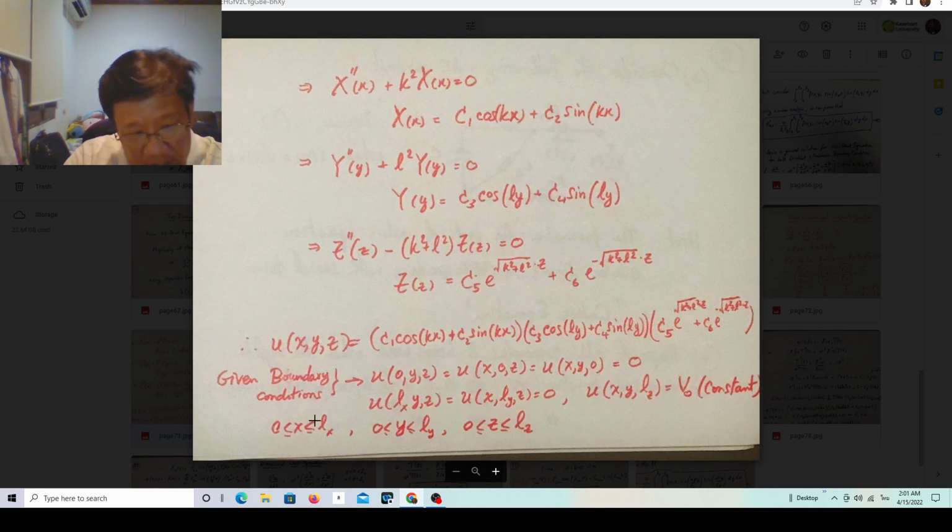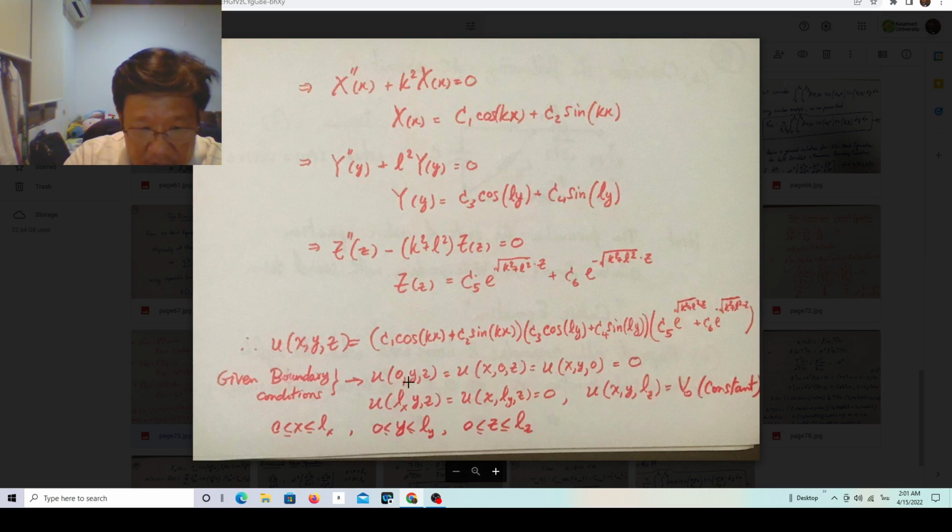And with this boundary condition, we're going to extend that. L sub x, L sub y, and L sub c are the upper limits of the three domains respectively, and all domains start from the lower limit of 0.